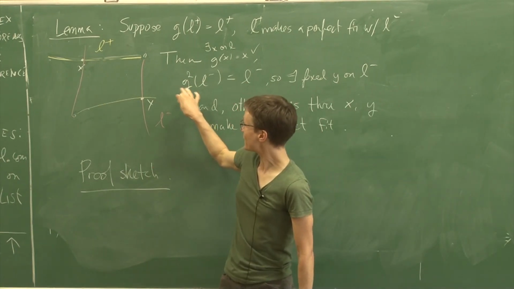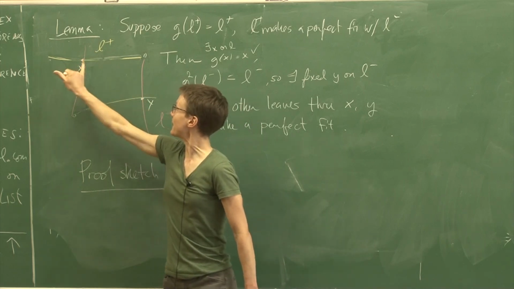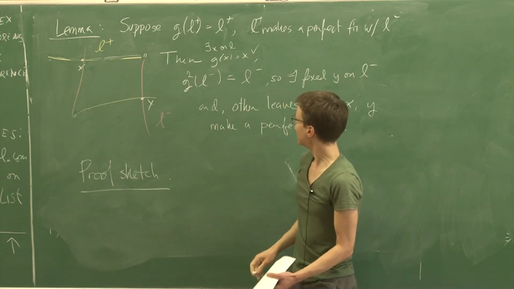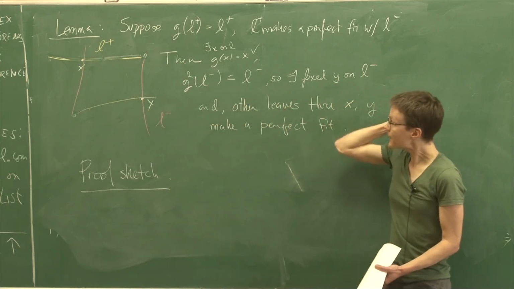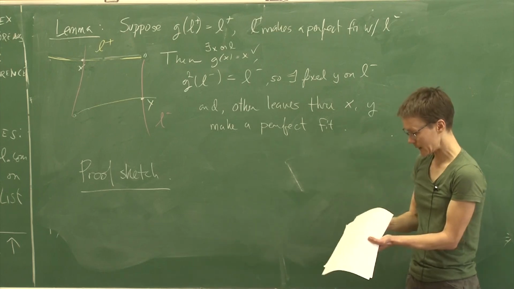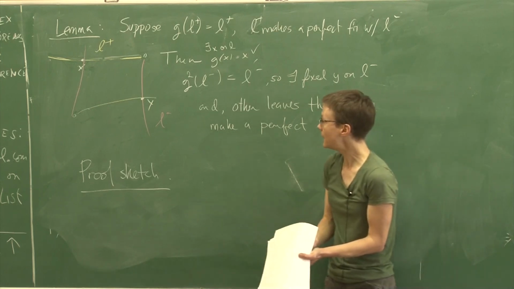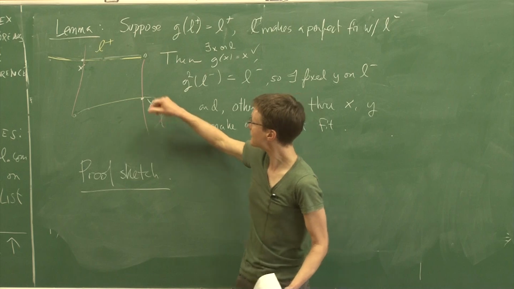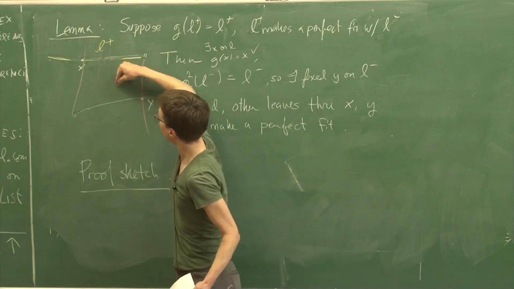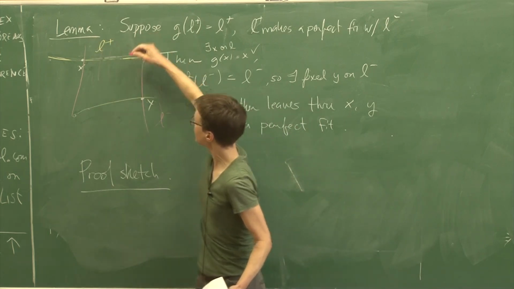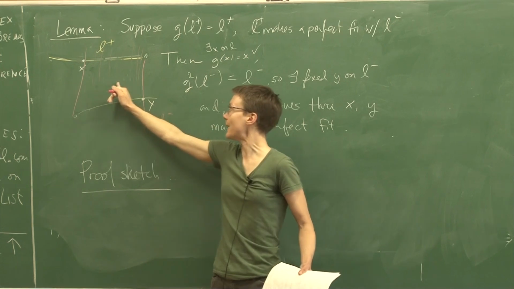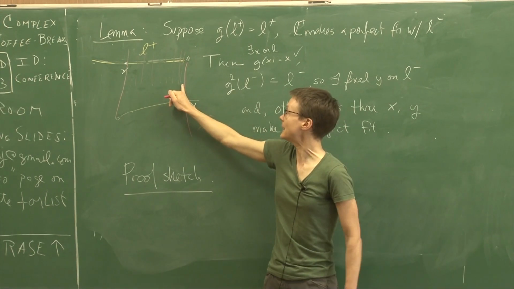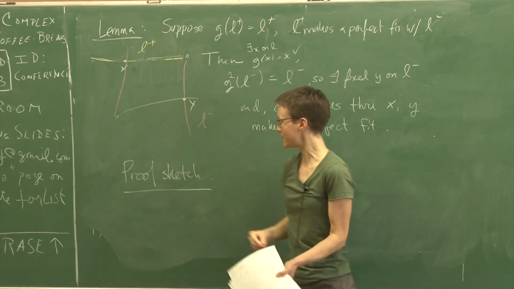So pass to a power if you need to, so you don't reverse the orientation of this leaf. And from the definition of perfect fit, you can think of L minus as a limit of any sequence of leaves that exits every end and passes through L plus.